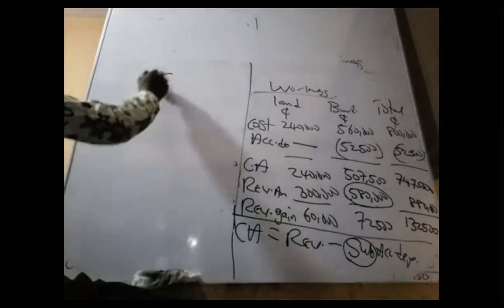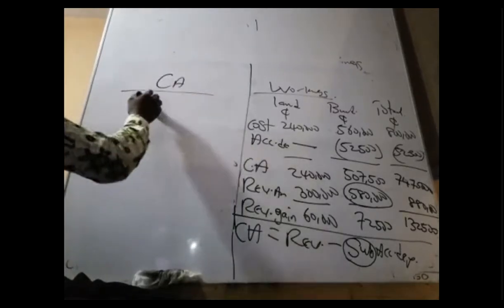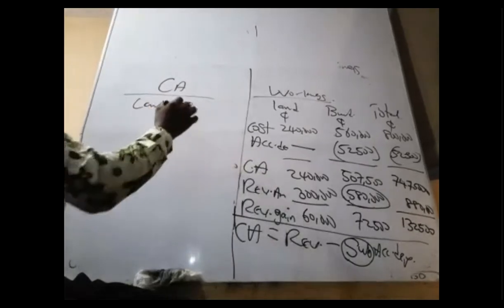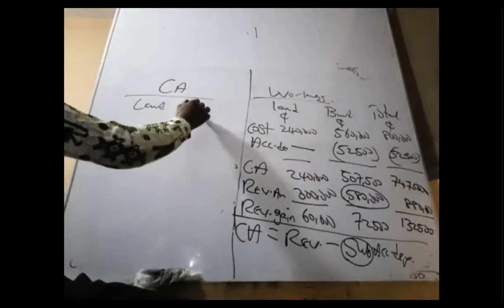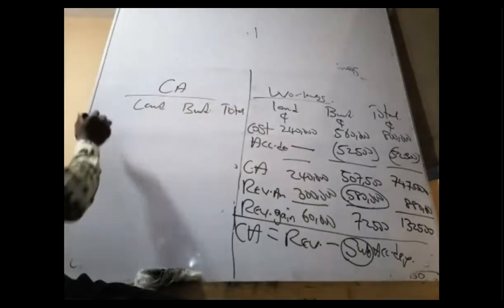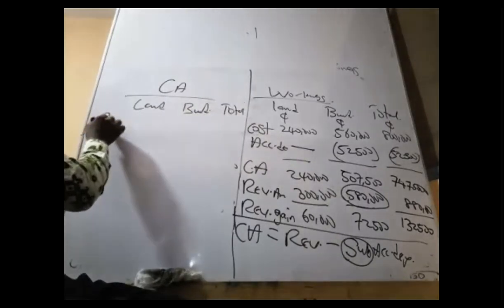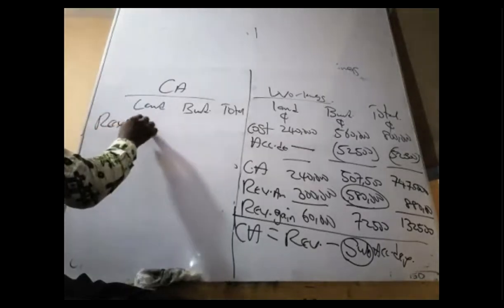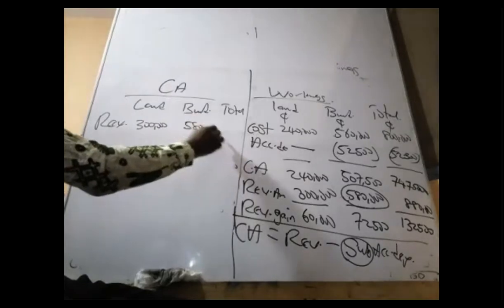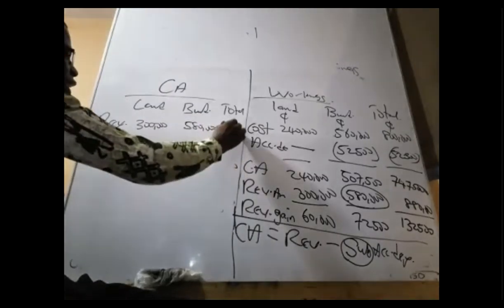I have land, I have building, and I have total. After the examiner, the revalued amount: land was 300, building was 580, total is 880.